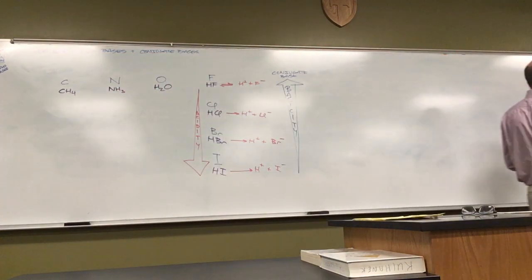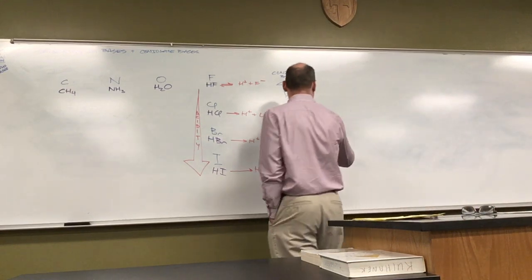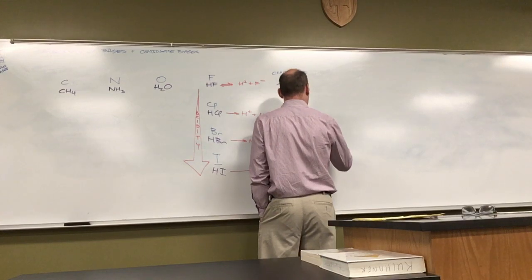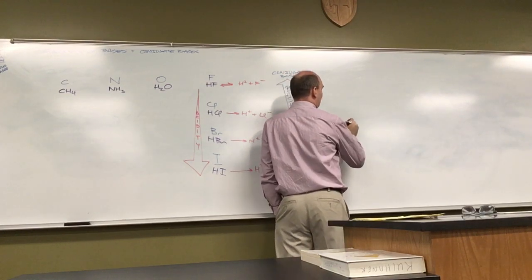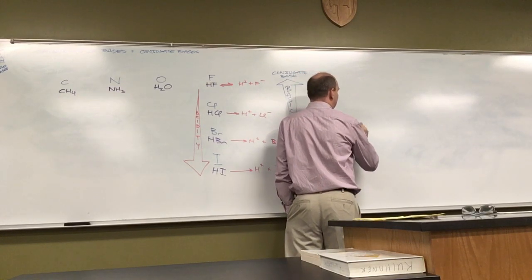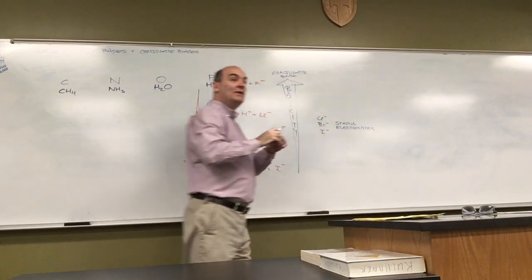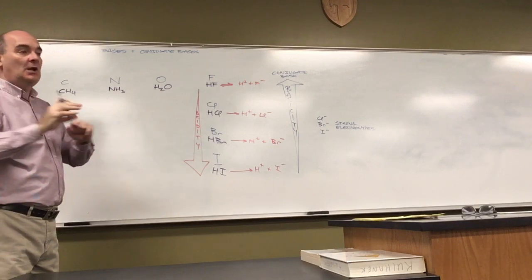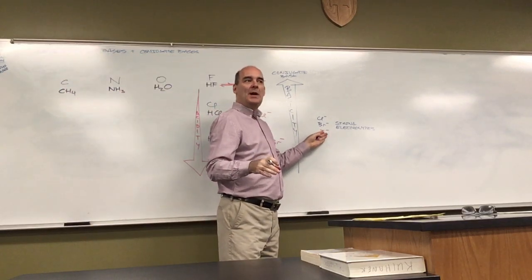Iodide, chloride, bromide, these are things that we call strong electrolytes. When they have separated into their ions and are floating around in solution, they have no interest in recombining.